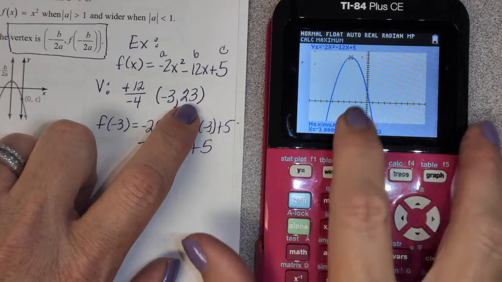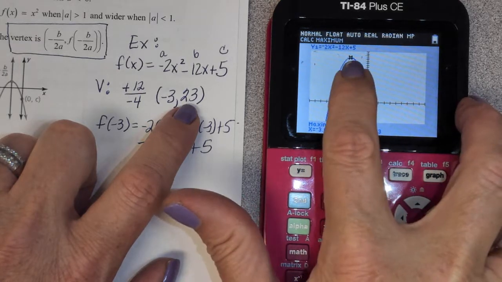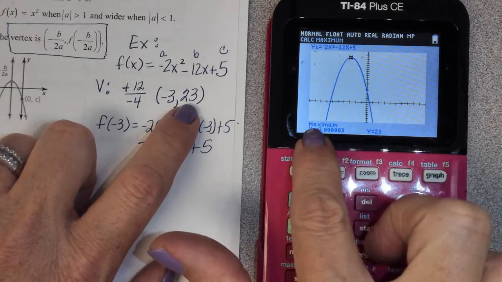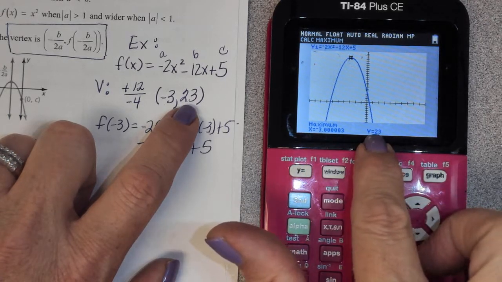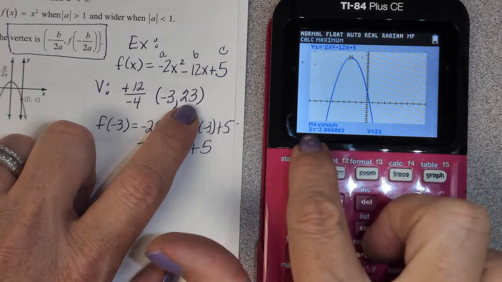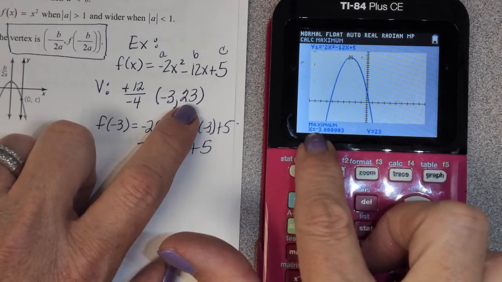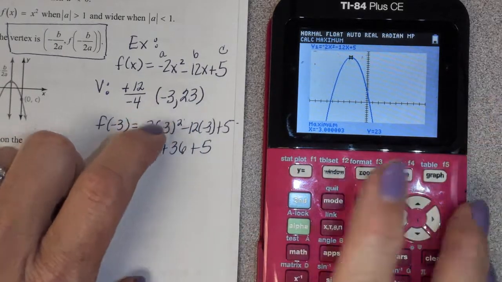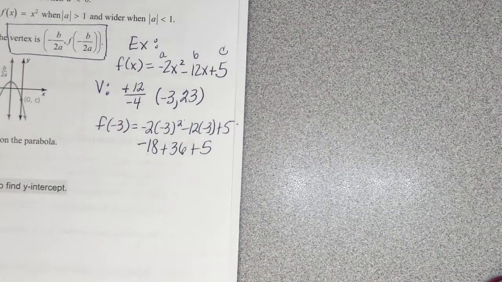This is always going to try to find it exactly. It counts the pixels, but it's going to be a little bit off. The true vertex is -3, 23. You never use those numbers after that integer, unless it's like -2.5 or something, you know what I mean? So we checked our vertex, so we're correct.